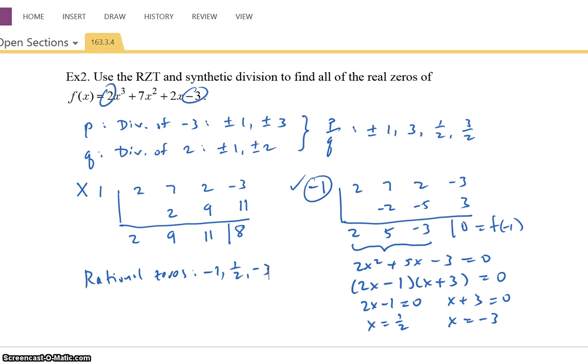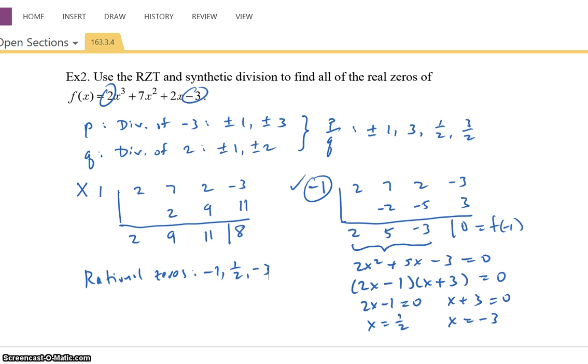The first thing to notice is that after we found that -1 was a root of this polynomial function f, the remaining roots, which we found by solving a quadratic equation, 1/2 and -3, if you look at the list of possible rational zeros, those two numbers do appear in the list.